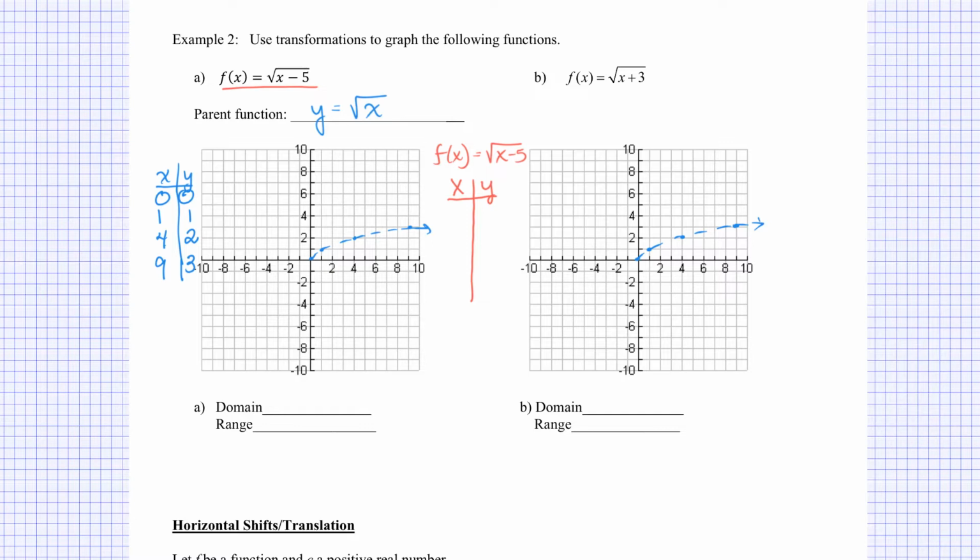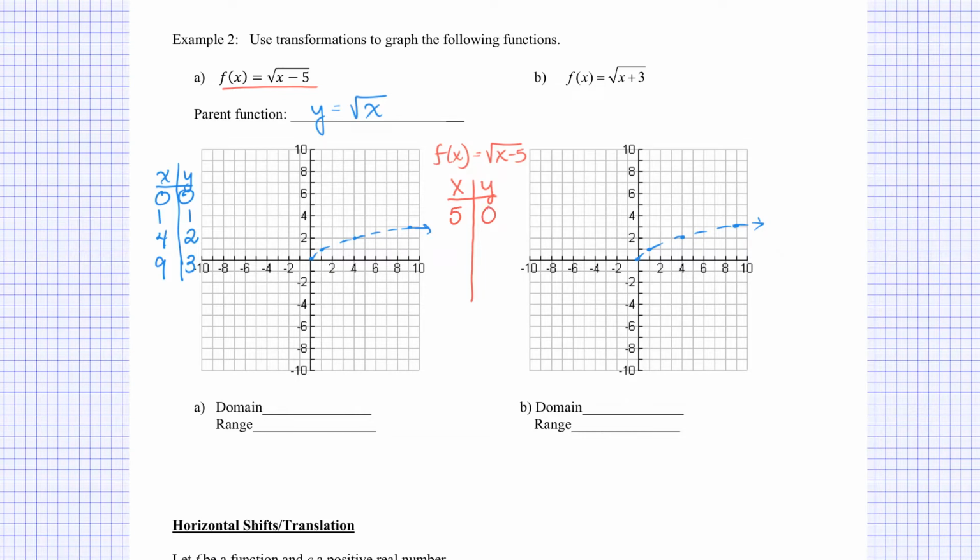So when I think about this, I cannot start with 0 because 0 minus 5 is going to give me negative 5, and that would end up being an imaginary outcome, and I don't want that. So the least value of x that I could plug into this expression and have 0 under the radical would be 5. 5 minus 5 is 0. The square root of 0 is 0.